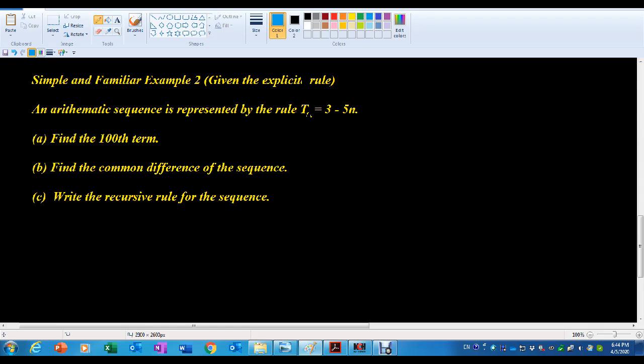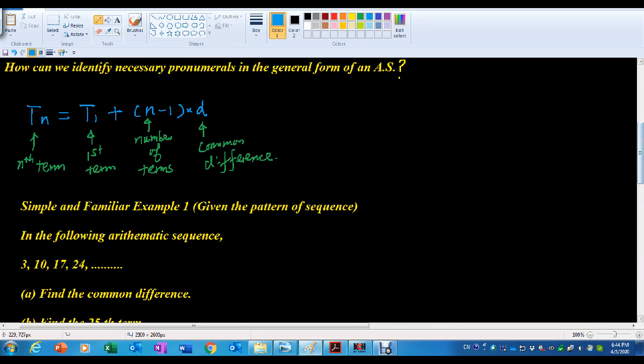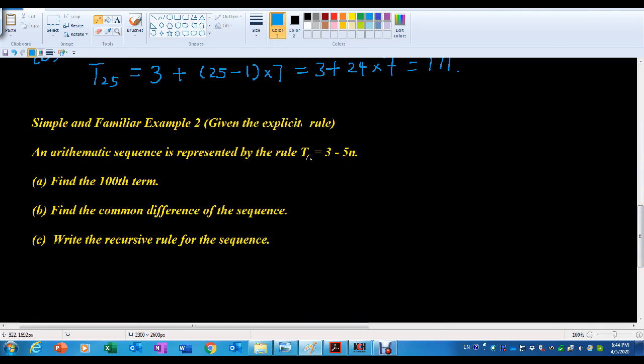Okay, so you might think, we've just said that the explicit rule will be something like Tn equals T1 plus (n minus 1)d, right? But now why does the term appear like this? Because we possibly have plugged in the values of the common difference and also the first term.